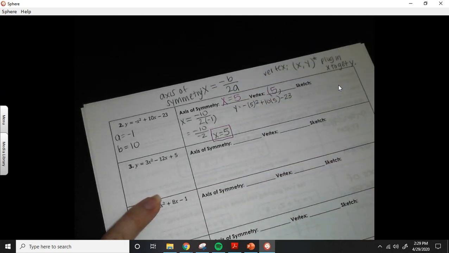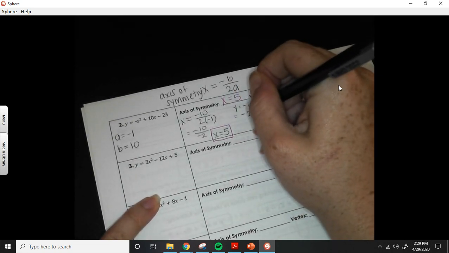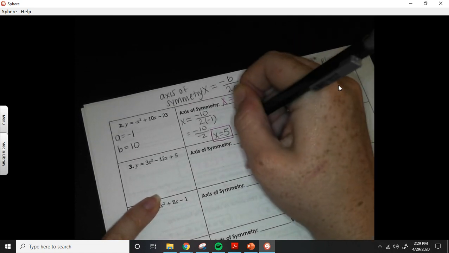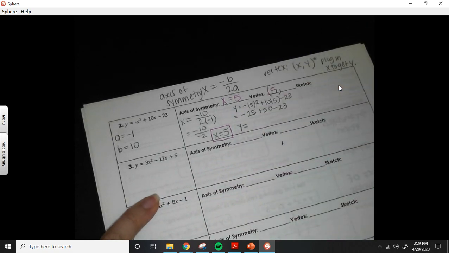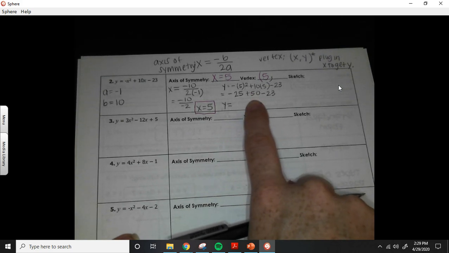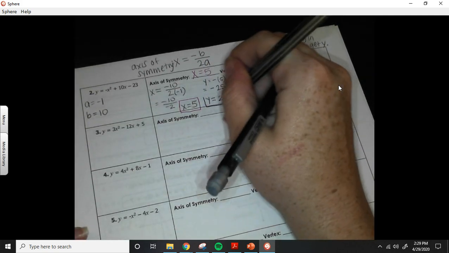Okay? So negative 5 squared becomes negative 25 plus 50 minus 23, so y is finally equal to, and then we work through this. Negative 25 plus 50 is 25, and then you do 25 minus 23, we get y equals 2.